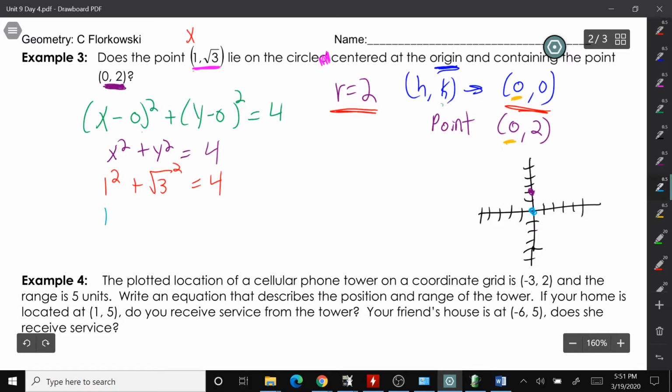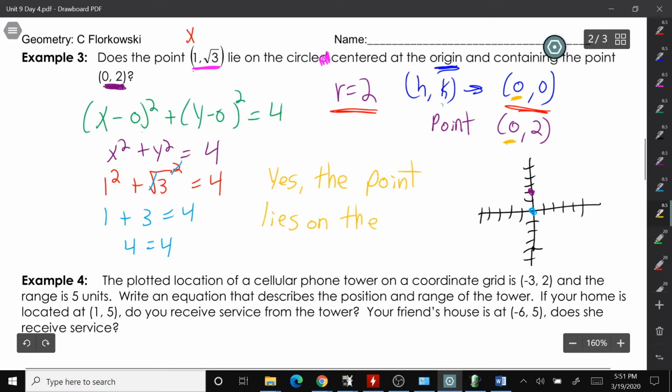Well, 1 squared is 1, plus the square root and second power cancel, so 4 equals 4. Yes, this point does lie on the circle.